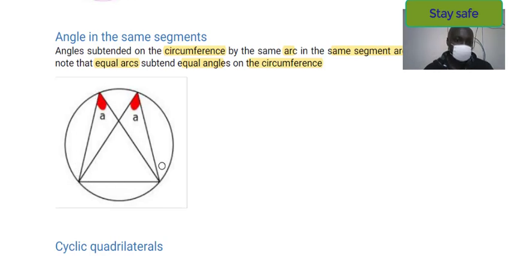So there are 2 ways in which you can describe that angle. Either you can say the angle subtended at the circumference by the same arc in the same segment, or they are angles subtended by the same chord at the circumference. So these 2 angles are equal.